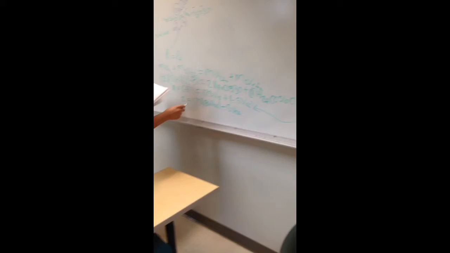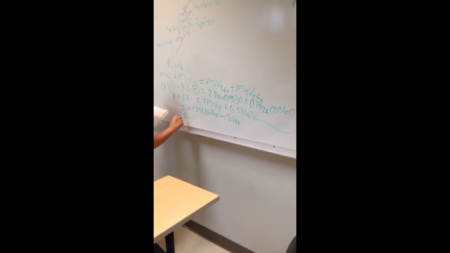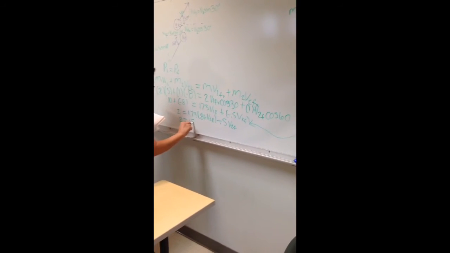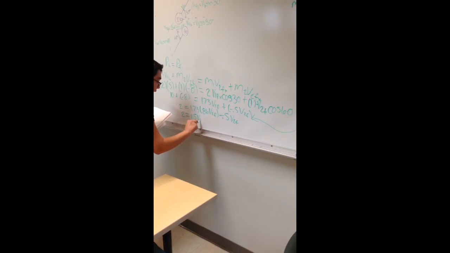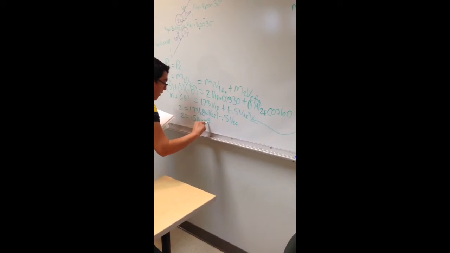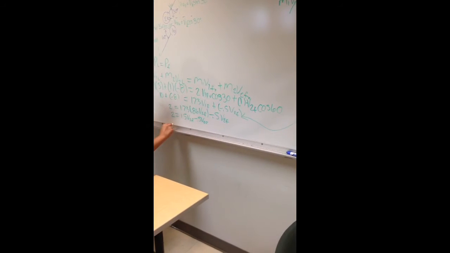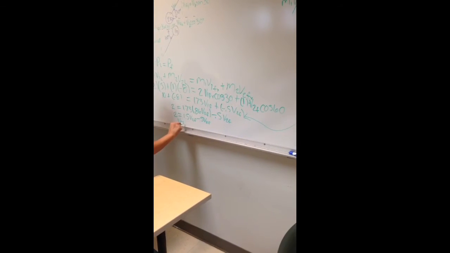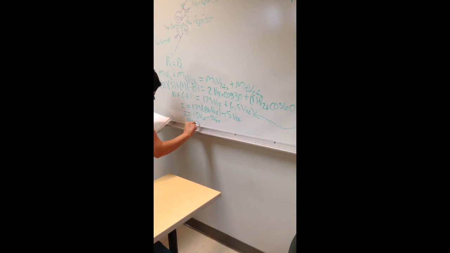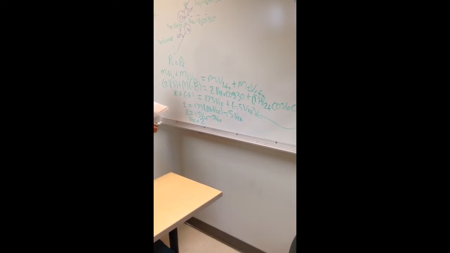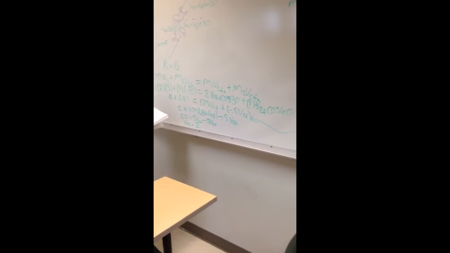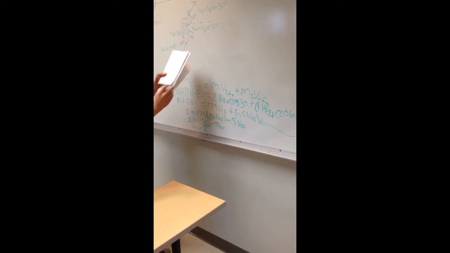When we do the math, this turns out 2 equals 1.5 V2F minus 0.5 V2F. So we have that V2F is equal to 2. So we have our velocity 2 final, and it wants a y component.